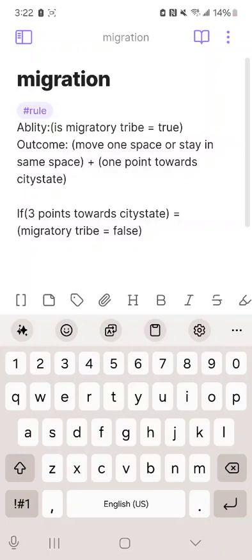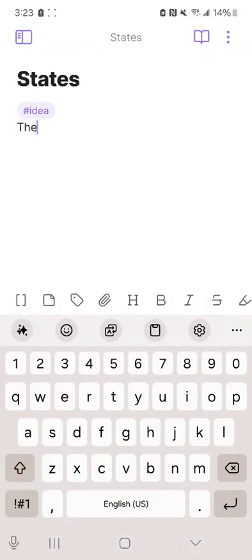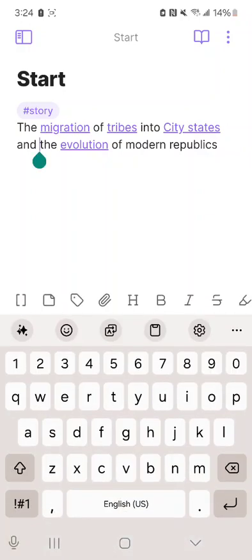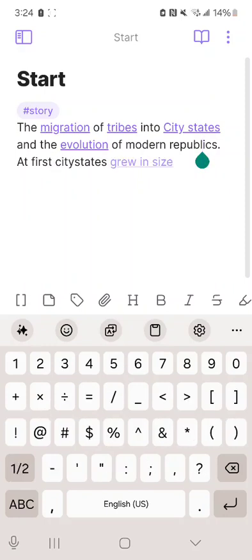Another rule would be the city-state. So the city-states, they grow, they're growing.